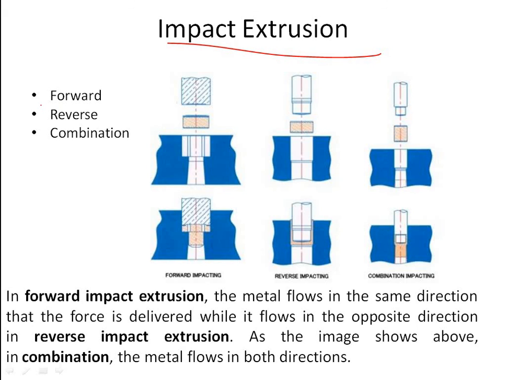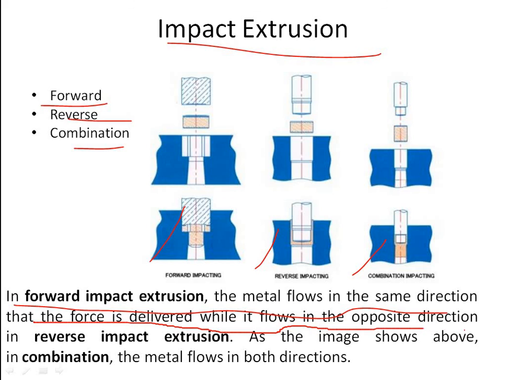Impact extrusion, in that: forward, reverse and combination. So this is the forward impact extrusion, reverse impact extrusion and combination impact extrusion. In forward impact extrusion, the metal flows in the same direction that force is delivered, while it flows in the opposite direction in reverse impact extrusion.